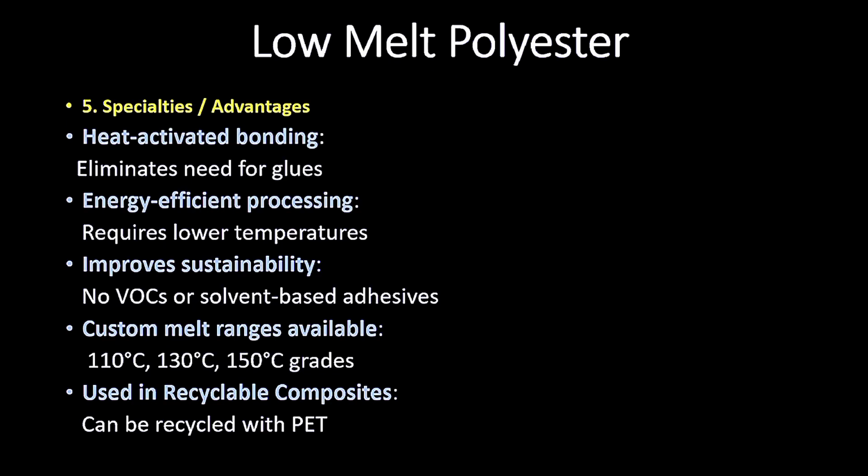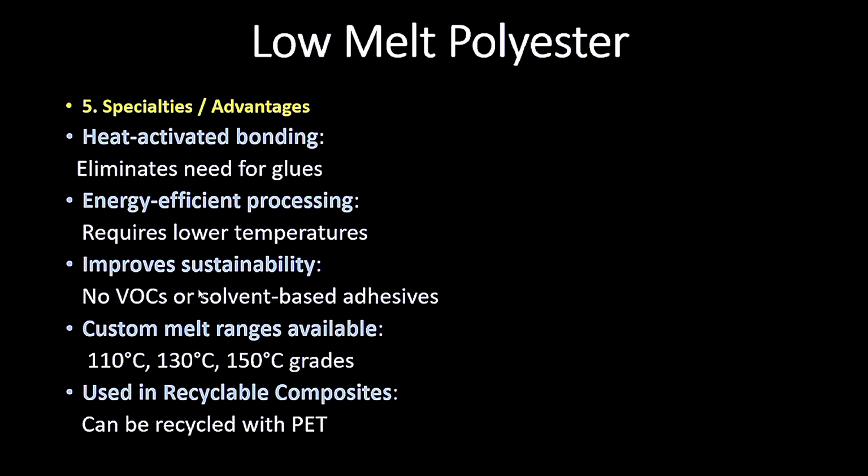Low melt polyester fiber has specialties like heat activated bonding, which eliminates the need for glues. Second specialty is energy efficient processing, requiring lower temperatures. Third specialty is improved sustainability: no wax or solvent based adhesives are required.